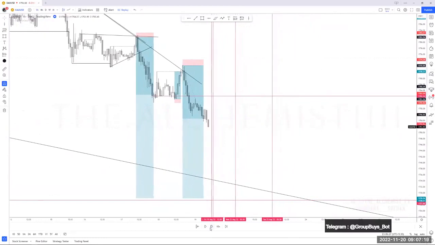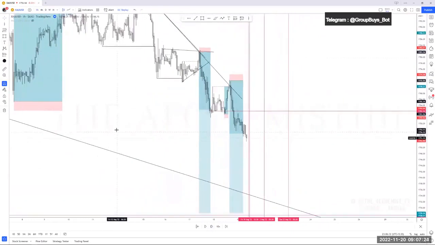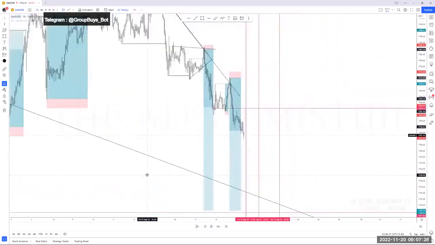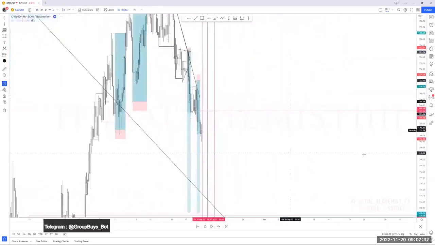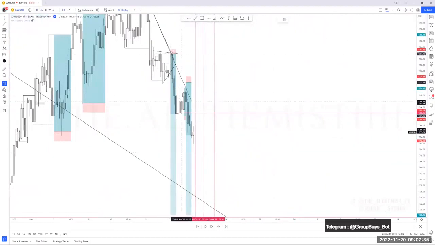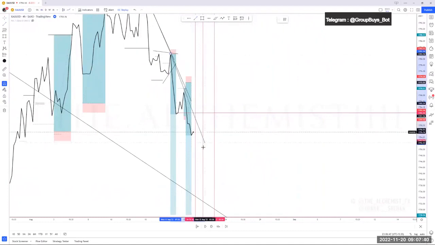Okay, price is starting to fall down, building some resistances. Let's see if we have any confluence. Do we have any? Let's check the 4 hour time frame. Yeah, I think so. First touch, second touch. Can you see that?